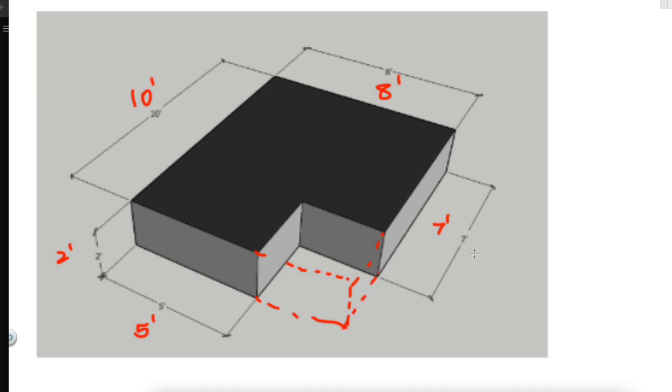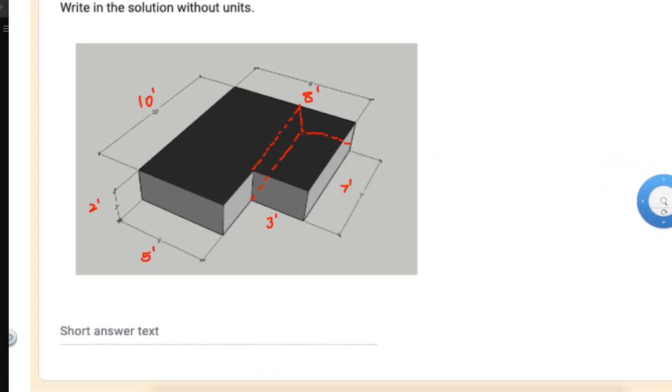I think I'll just add it. I think most of you are probably going to add the two smaller pieces together. So what if we cut this one here like that? We would get this prism, and 5 and 8, so this would be 3 feet. Volume total equals V1 plus V2.